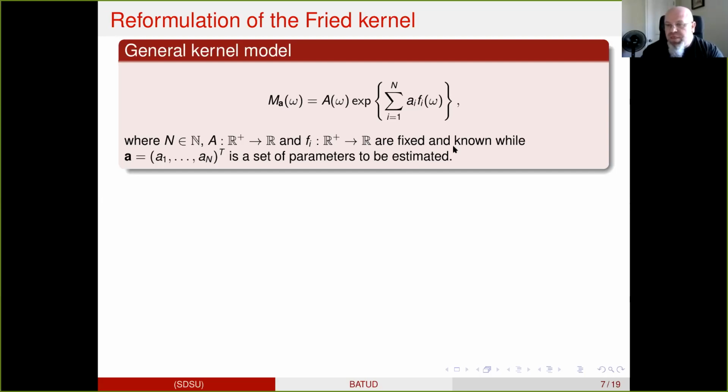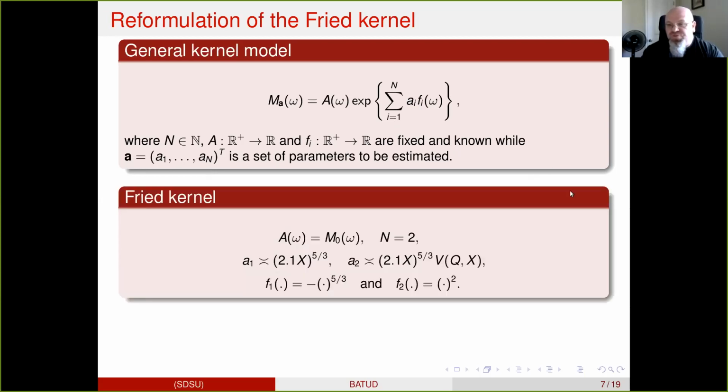What is unknown is the set of parameters ai. If we denote in vector form, the vector a is the vector of the coefficients a1 up to aN. The idea is that we will estimate those parameters.